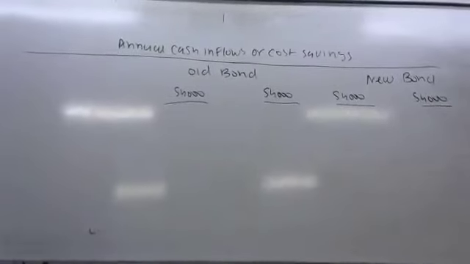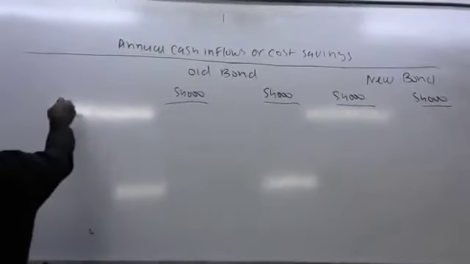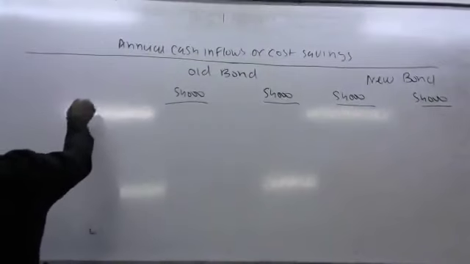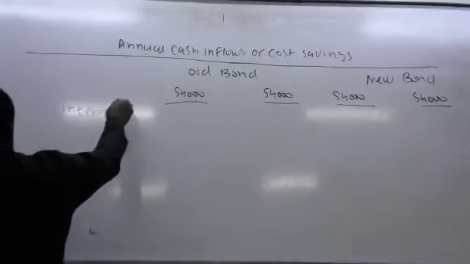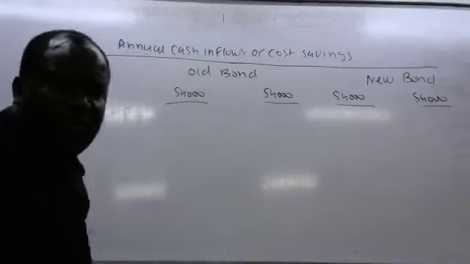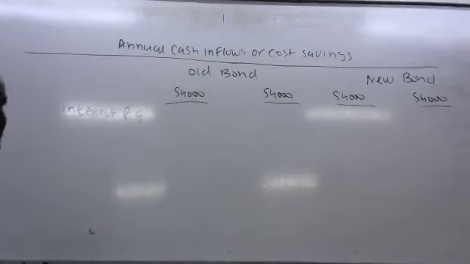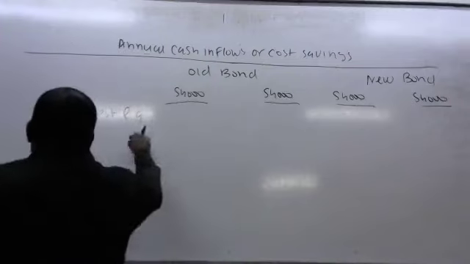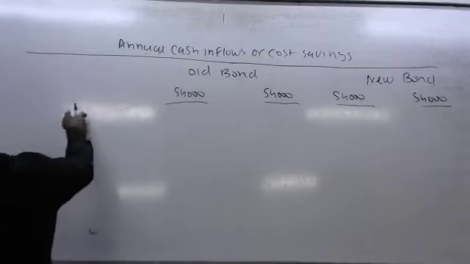So the first item will be interest per annum.